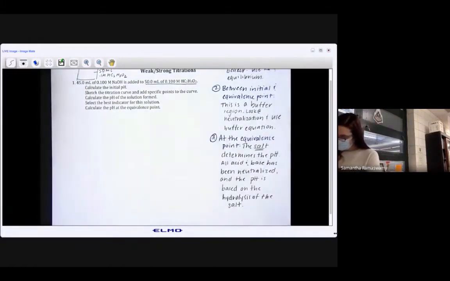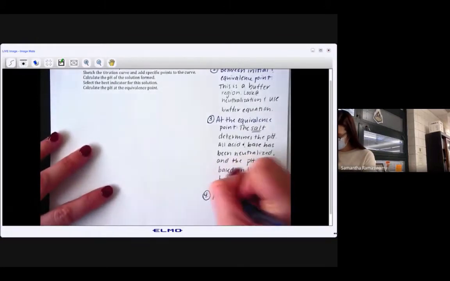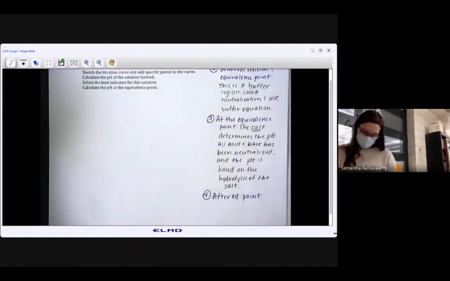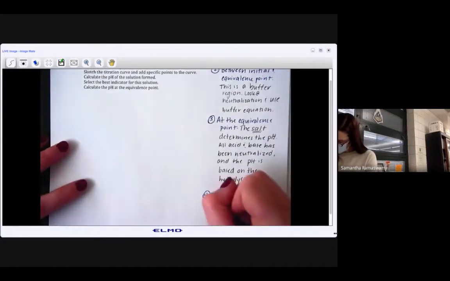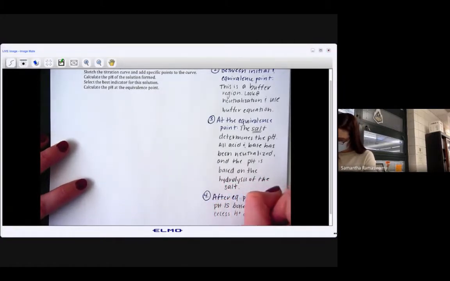And then the final place is after the equivalence point. And so after the equivalence point, pH is based on excess H plus or OH minus from the titrant.